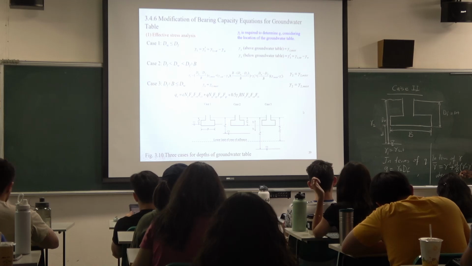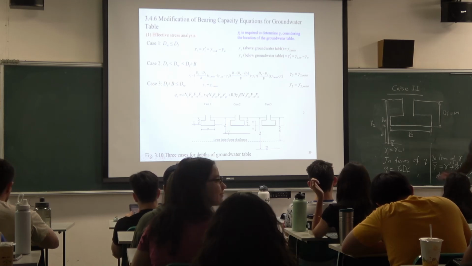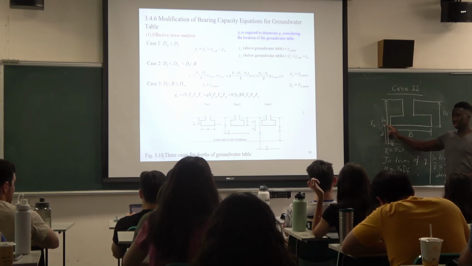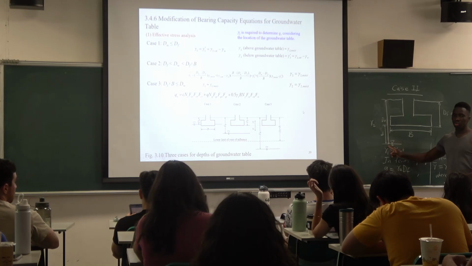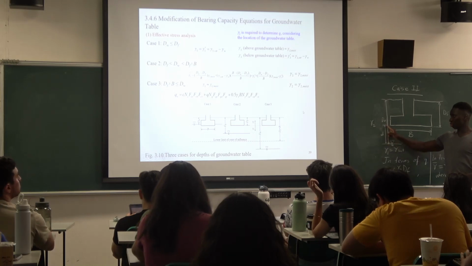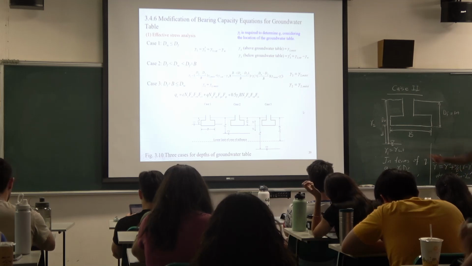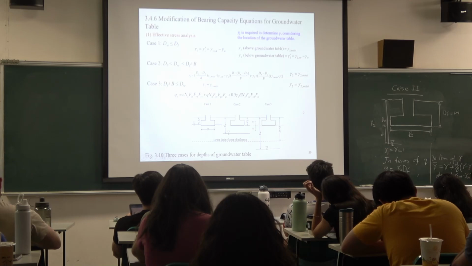This is some sort of a gradient. So what is d? D is the distance from the base of the footing to the groundwater level. The distance from here to here is d, divided by b. Okay? And then you multiply it by gamma.